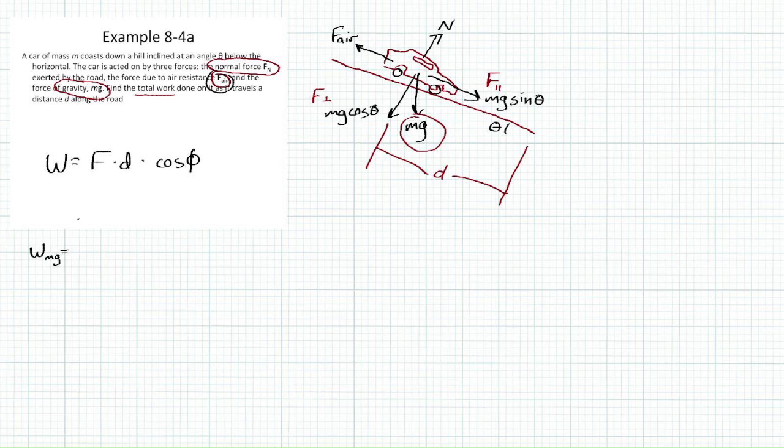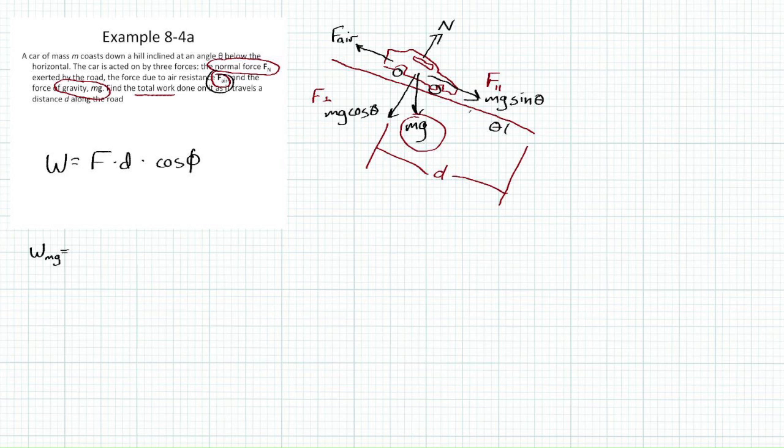All right. Well, in this case, we've already broken mg into a perpendicular and parallel component, and the parallel component is in the direction of motion. This parallel component right here, is there any angle between that and the displacement? No, they're parallel to each other.